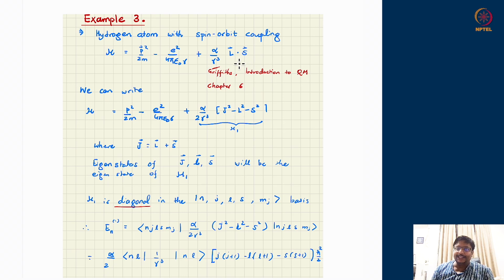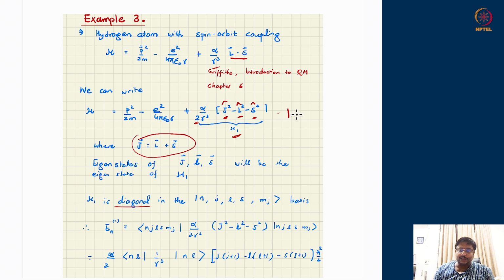And we know that L dot S can be written as J square minus L square minus S square divided by 2. And this comes from the decomposition of the total angular momentum as orbital angular momentum plus spin angular momentum. So therefore, you know that this is operator J square, this is operator L square, this is operator of S square. So if I take a state which is an eigenstate of J, L and S, that will be an eigenstate of full H1.